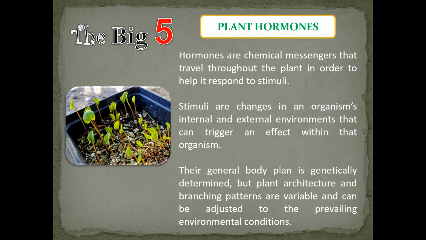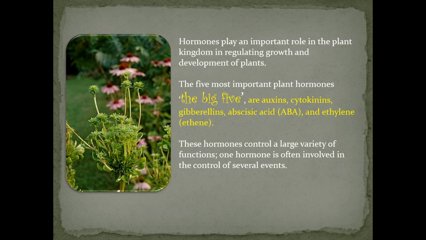The general body plan of the plant is genetically determined, but the plant's architecture and branching pattern are variable and can be adjusted to the prevailing environmental conditions. It is mainly these five hormones that stimulate this. The hormones play an important role in the plant kingdom in regulating plant growth and development.